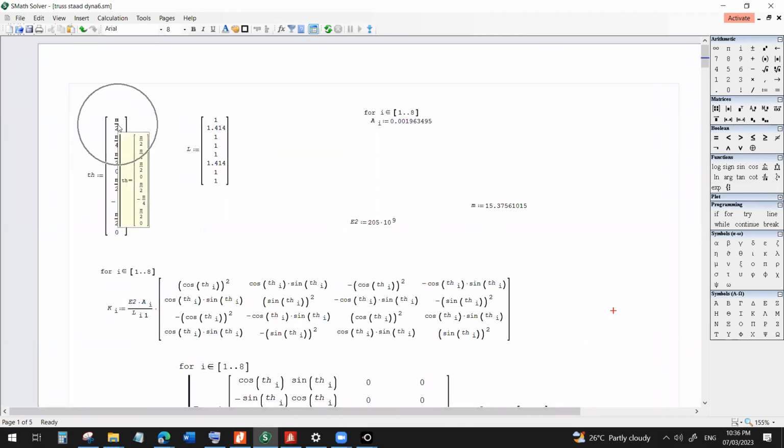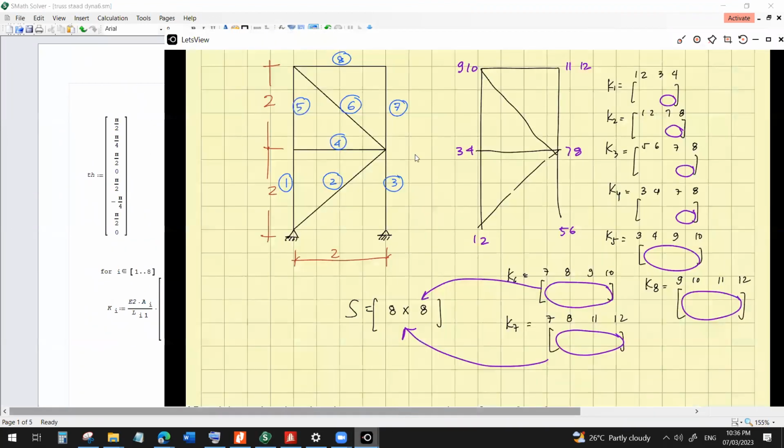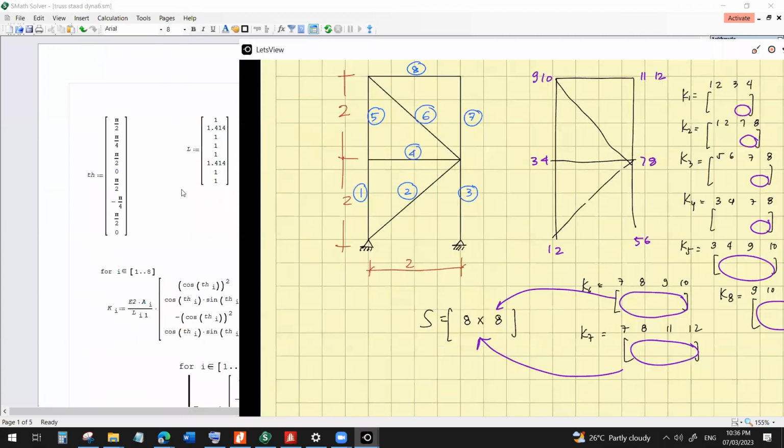Yeah. So, member 1, for example, what's the theta of member 1? 90 degree, no? So, pi over 2. Okay. What's the angle of member 2? 45 degree yan. So, that's pi over 4. Okay.